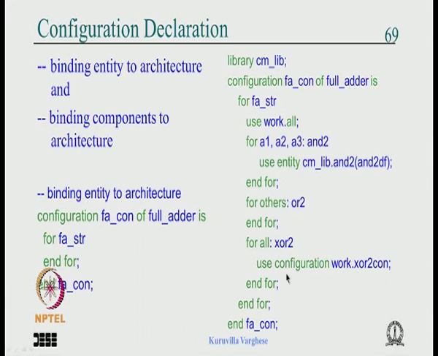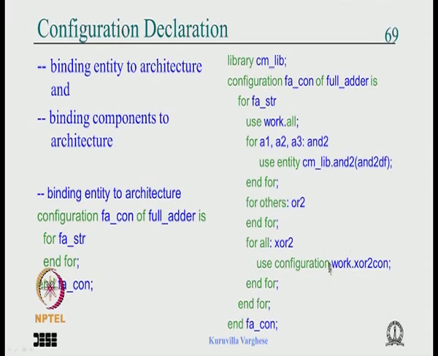That means for this particular entity XOR2 there is an architecture, maybe multiple architectures. Also along with the entity there is a configuration called XOR2con, which binds the XOR2 entity to some architecture, and if at all some components are used within the XOR2, binds them to a particular library.